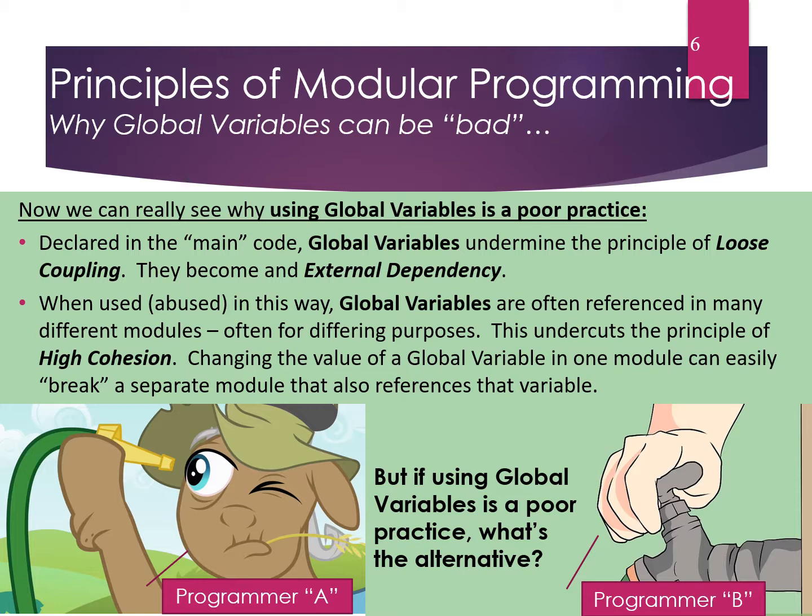This is an analogy of programmer A working on the same program but different parts as programmer B. Programmer A is like the cartoon character who doesn't understand why suddenly his code is not working or turned off. Programmer B has unknowingly turned the valve by changing a global variable that Programmer A's work was dependent upon.